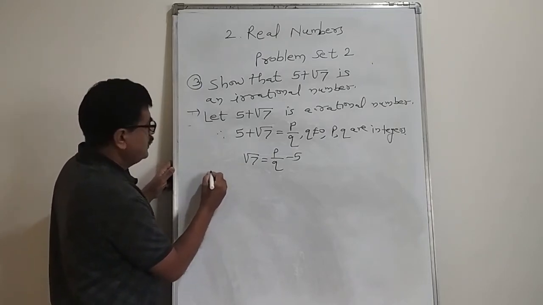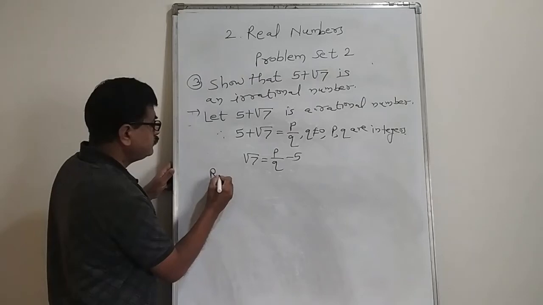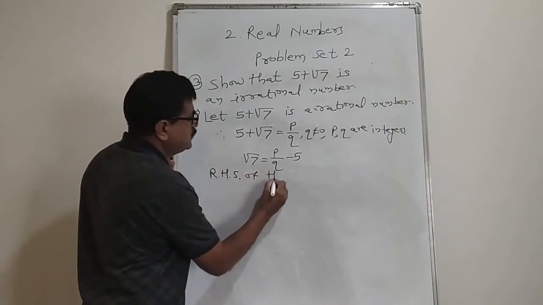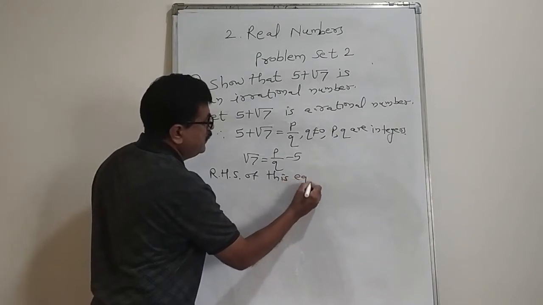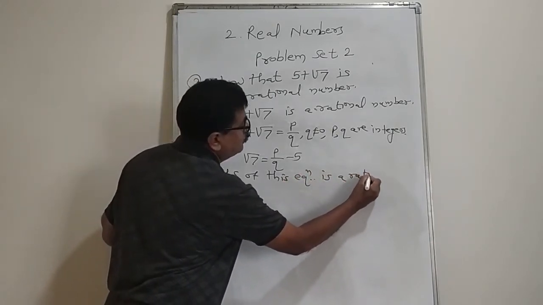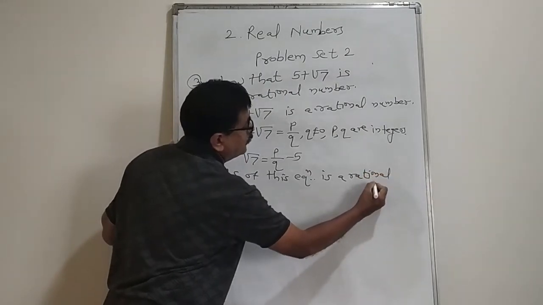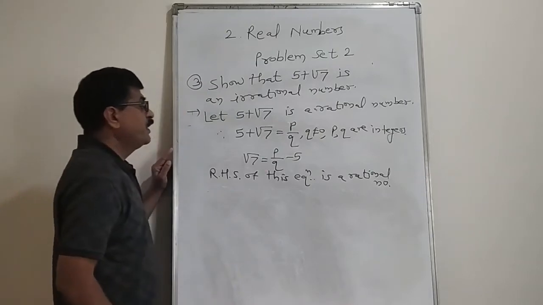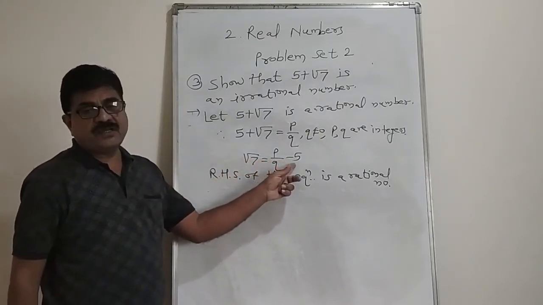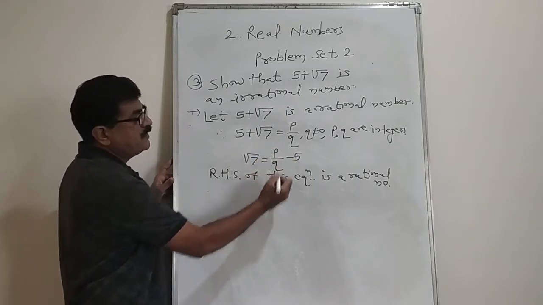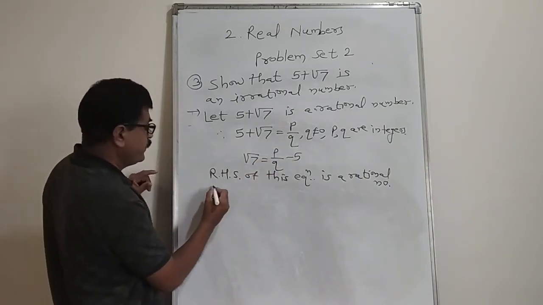The RHS of this equation, that is P upon Q minus 5, is a rational number.